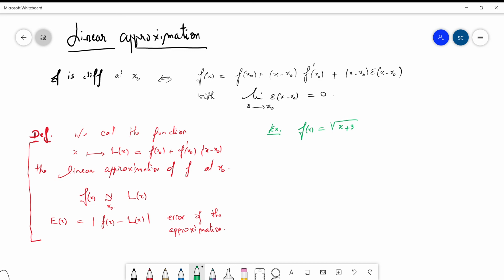So we know that it is given by L(x) equal to f(1) plus f prime at 1 times (x minus 1), where x0 here is 1. So we will need the derivative of f.